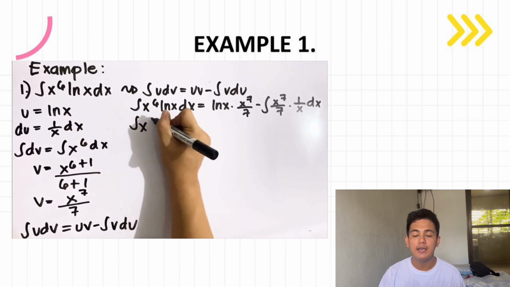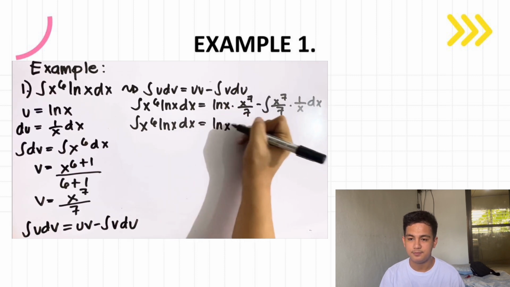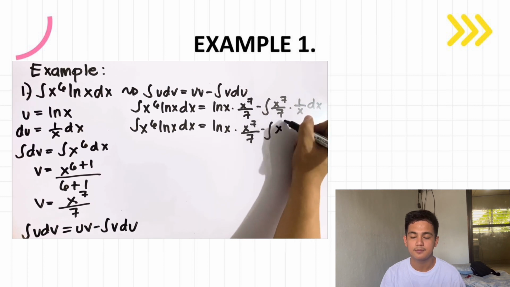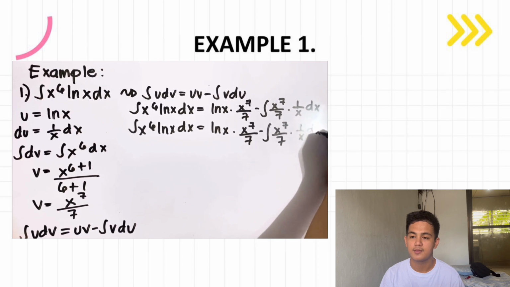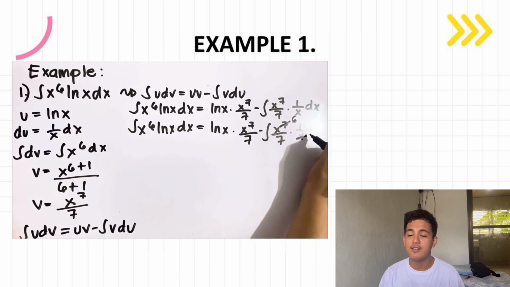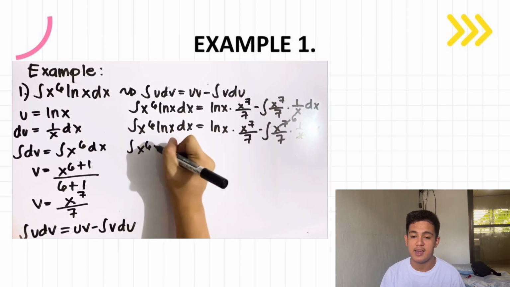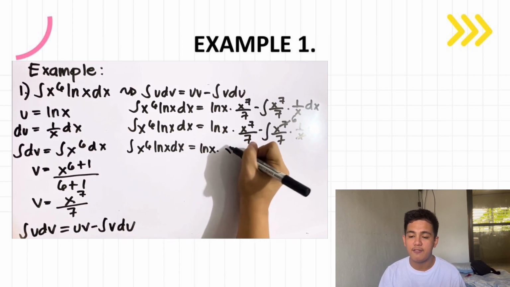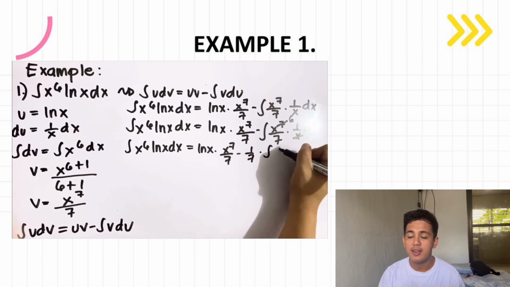Now, we will repeat the method. As you can see, we simplified the last two terms. So integral of x^6 ln x dx will be ln x times x^7 over 7 minus 1/7 times integral of x^6 dx.